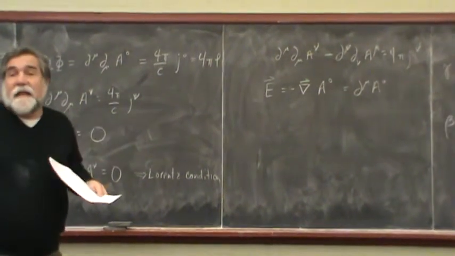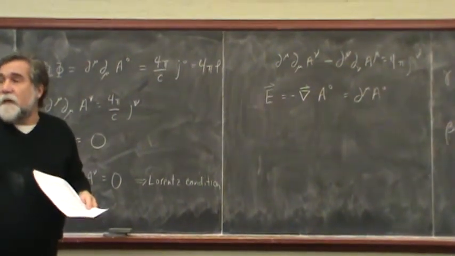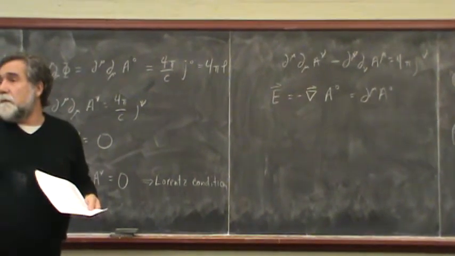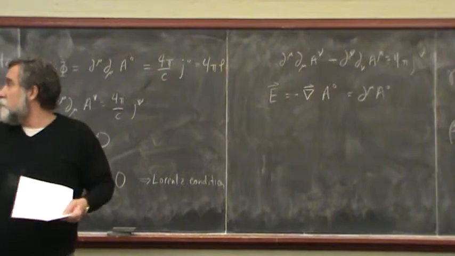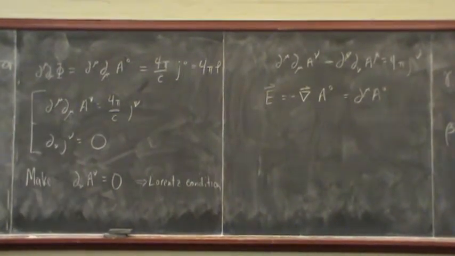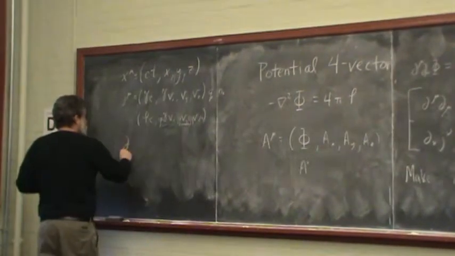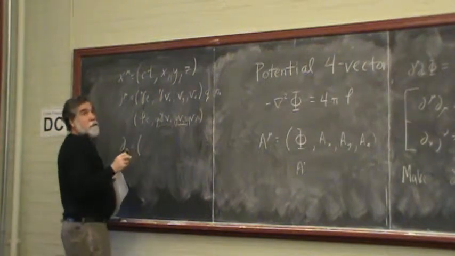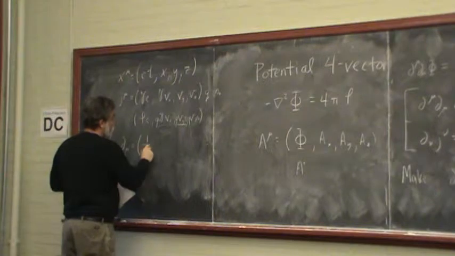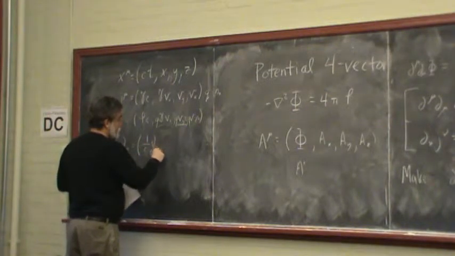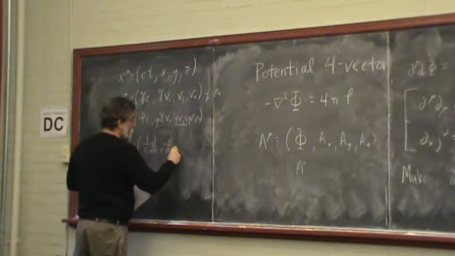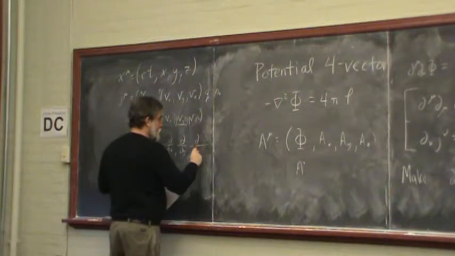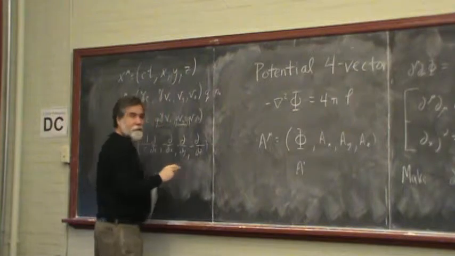So that gives us a field. We want to ask what other fields come out. Should I write that over here? D sub mu is equal to, someone remind me, it's got to be 1 over c d by dt, minus d by dx, minus d by dy, minus d by dz. You didn't put negatives in it the first time you gave it.